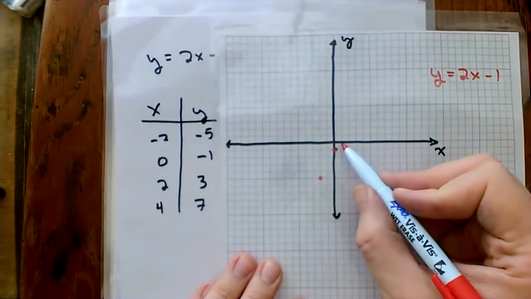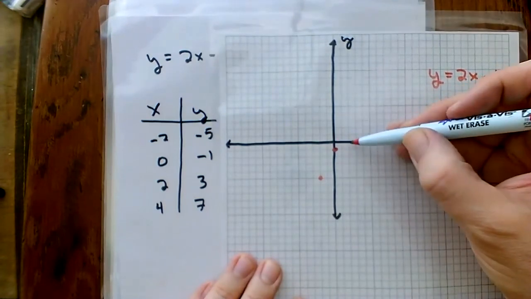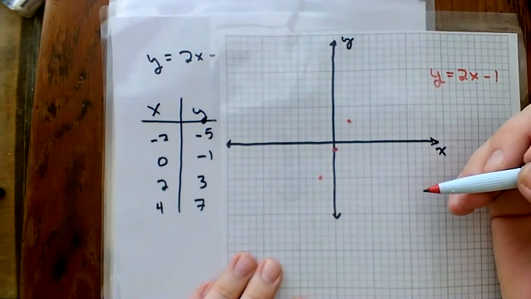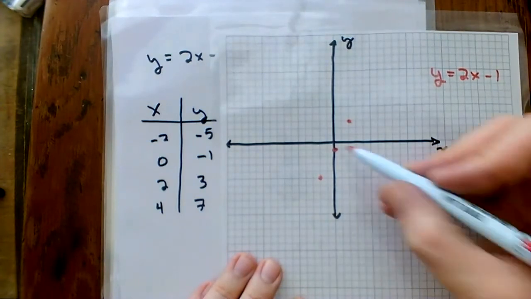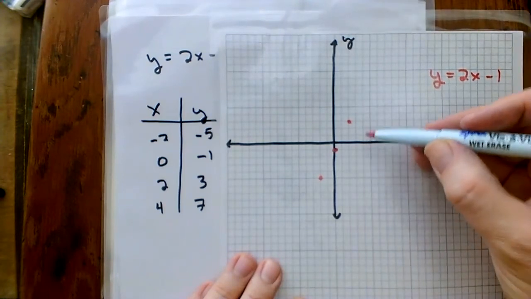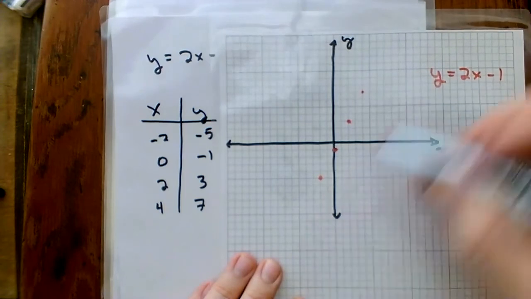When x was 2, y was 3. So I go over 2 on the x and 1, 2, 3 up on the y-axis. When I have x equal to 4, y was 7. 5, 6, 7. And you can see this pattern.